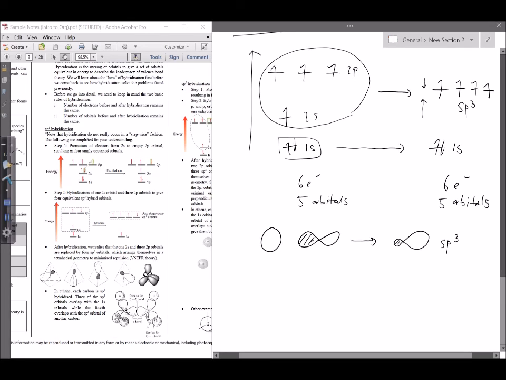You have 4 of these, and they arrange themselves in a tetrahedral fashion. Just a recap, this is your tetrahedral shape. One large lobe will be here, with a small lobe, a bigger lobe, a small lobe, and another one which is behind, and a small lobe. So you're going to have something like this.